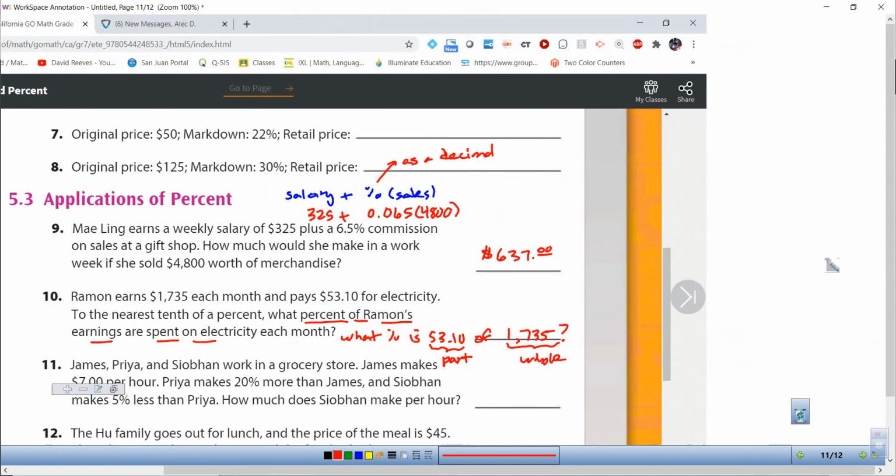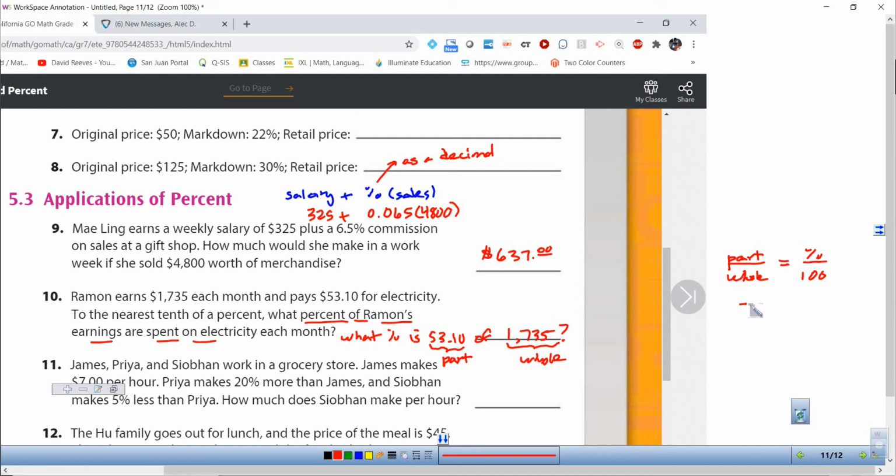All right, so remember when we did this before, we have part over whole equals percent over 100, right? Part over whole equals percent over 100.